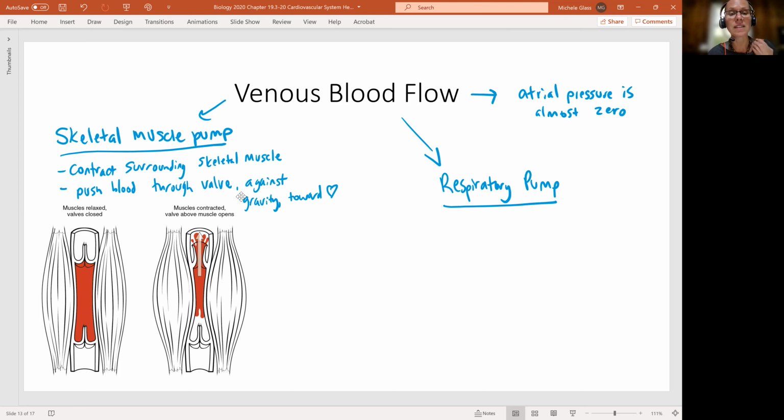And then notice when the skeletal muscle relaxes, the valve closes, preventing backflow. And then I have here the inferior. So once you got blood to a certain level, the valve below it, so the inferior valve, is going to prevent backflow.